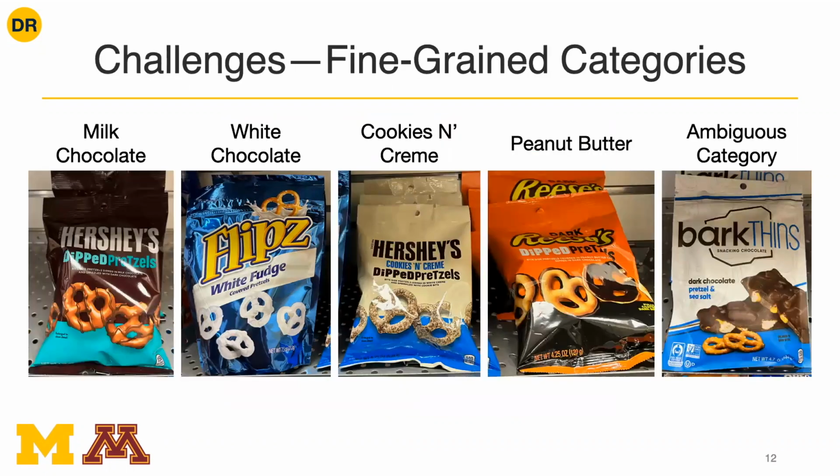Now we also want to think about what we mean by categories and what we mean by instances, right? Of different food items that can fall into that particular category.